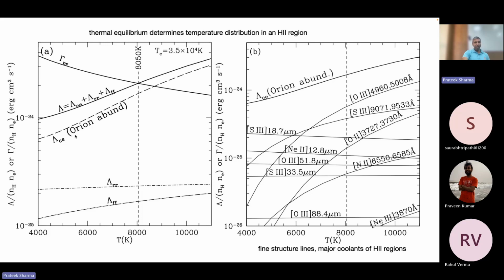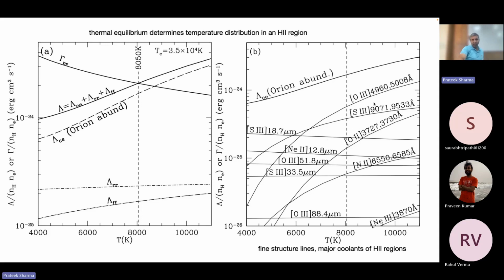Now, if we break down this lambda CE into various ions, this is how it looks like. So this is contribution due to oxygen 3. This is contribution due to sulfur 3. This particular transition. And if you add them all up, you get this lambda CE, right? You can always do that because this loss is happening due to these specific transitions.